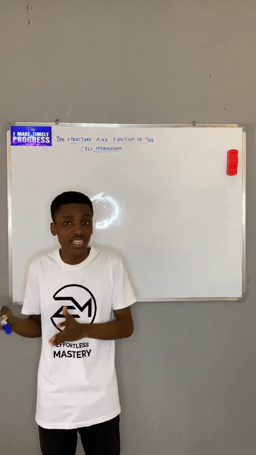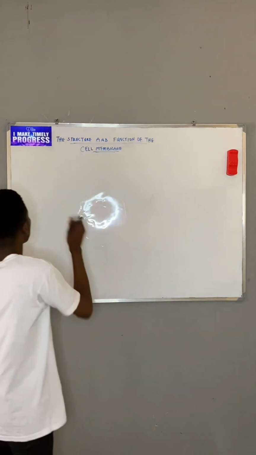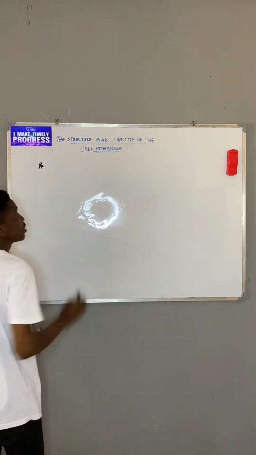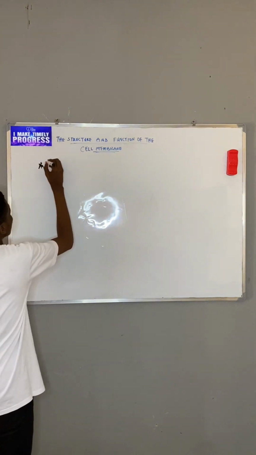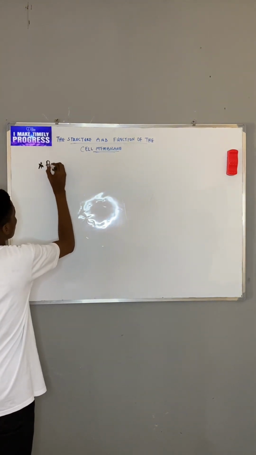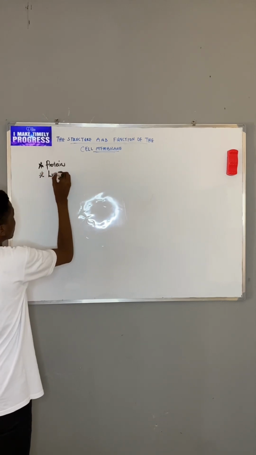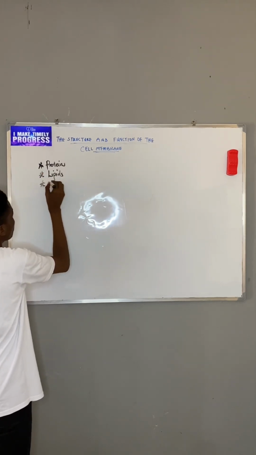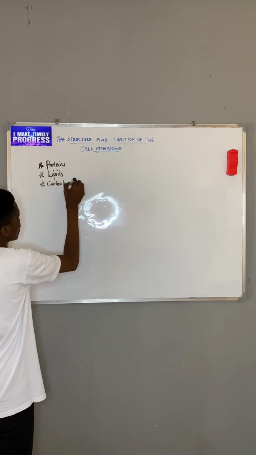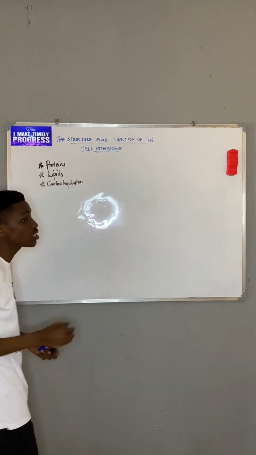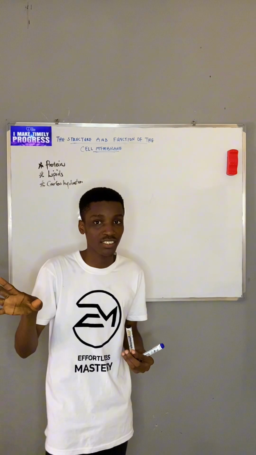So what conveys this? Generally, the cell membrane is made up of three primary components. We have proteins, we have lipids, and then we have carbohydrates. The protein is the most abundant. I feel that's strange, but it's right.